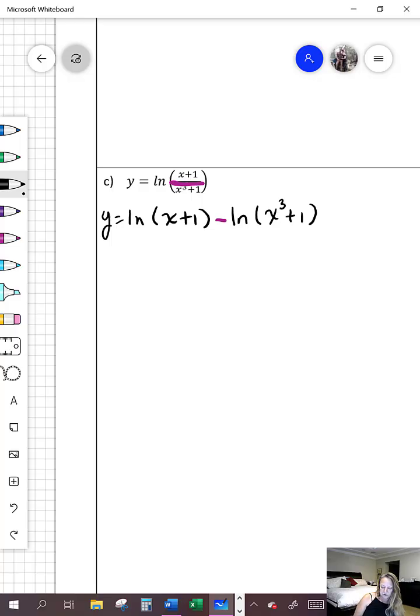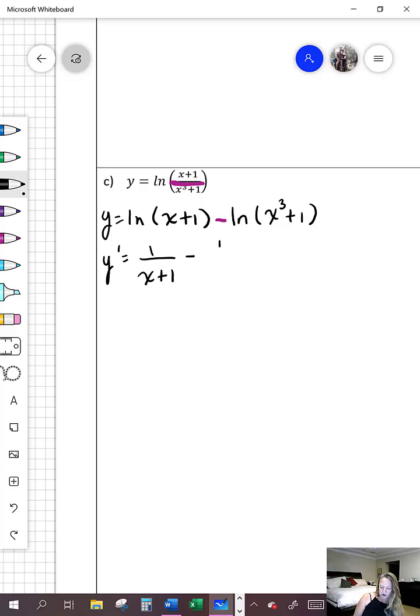So now let's go through and take the derivative. So y prime is equal to, the derivative of a log is 1 over what you were taking the log of, x plus 1, times the derivative of the inside using the chain rule. Derivative of x plus 1 is just 1.